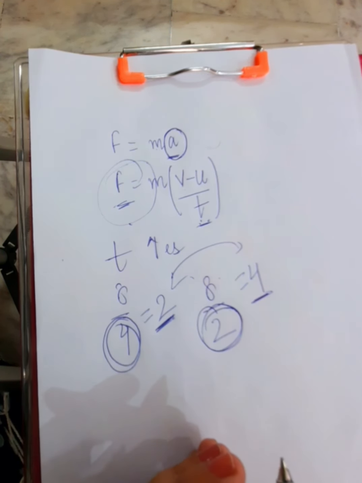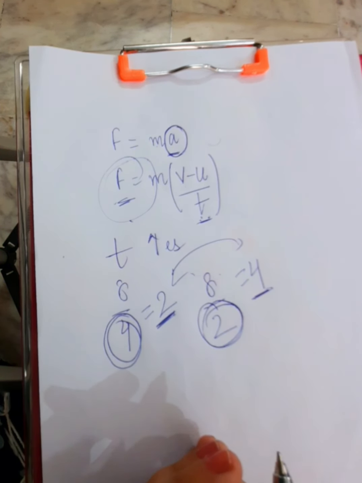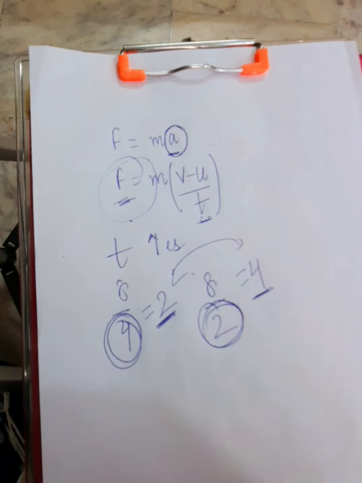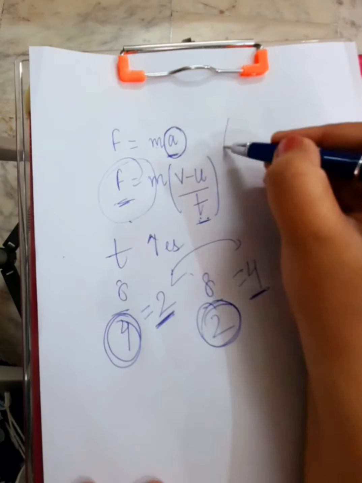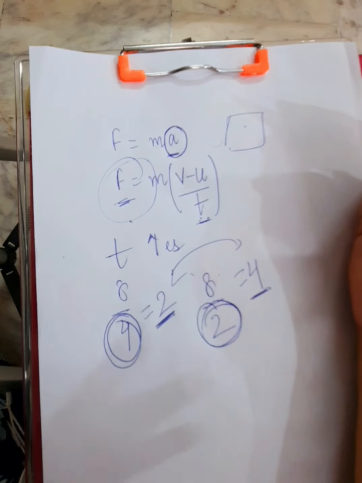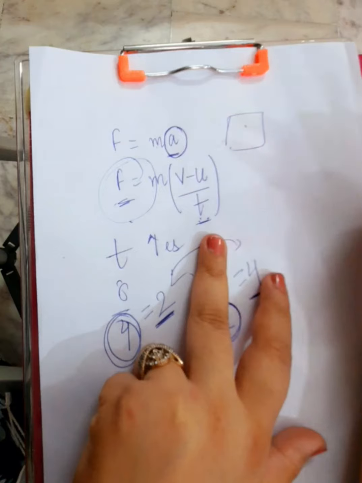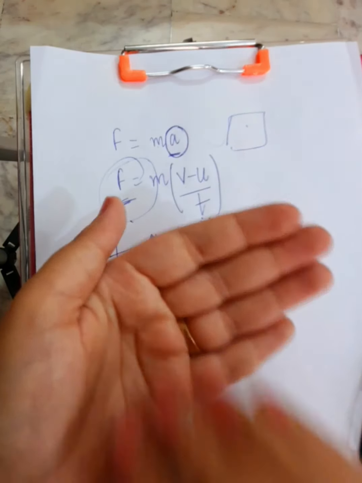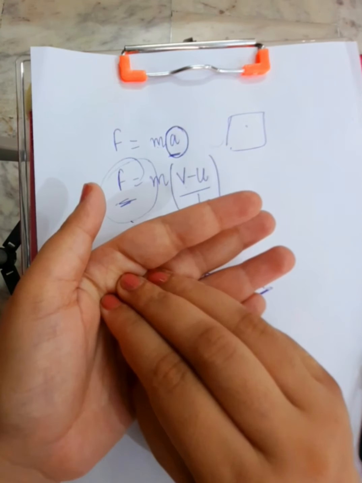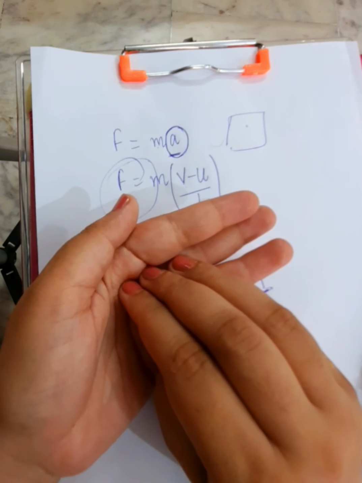Right? Now coming to my second question, when the athletes are performing high jump, why are they made to fall on a cushioned bed or on a sand bed? The reason is the cushioned bed and sand bed are very soft. When the person actually falls on them, the velocity of that person does not instantaneously become zero.